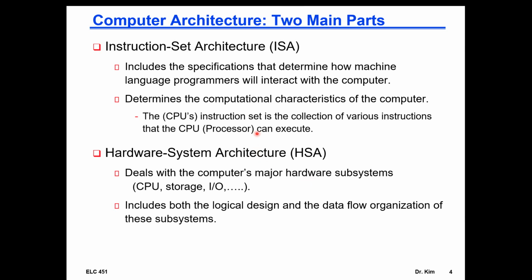So this is just a summary of what we already talked about, but it's the formal definition introduced here. The ISA, or instruction set architecture, is the actual contract or specification that determines how a high-level language like C++ will interact with the actual processor.